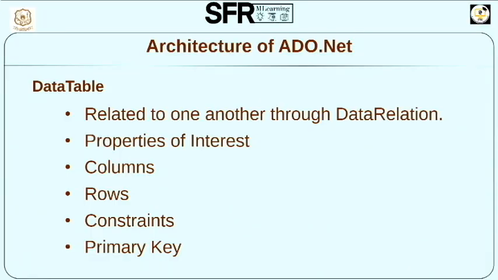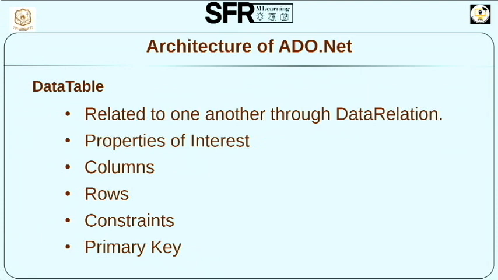The next one is the data table. It may be mapped to a physical table in the data source. It can be related to one another through data relations. It has an optimistic concurrency or locking model. Its properties of interest are columns, rows, parent relation, constraints, dataset and primary key.